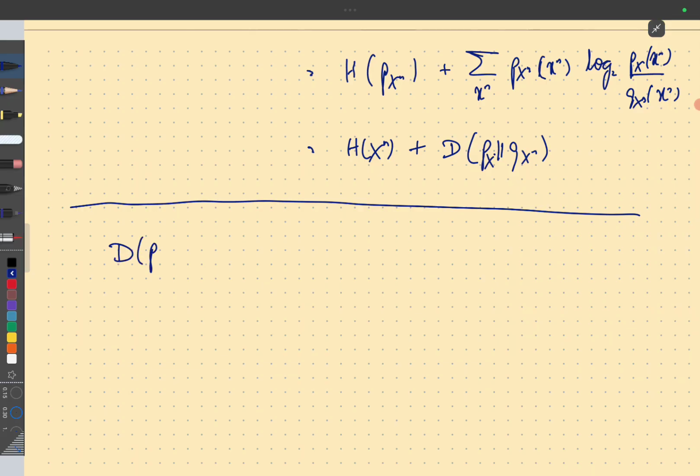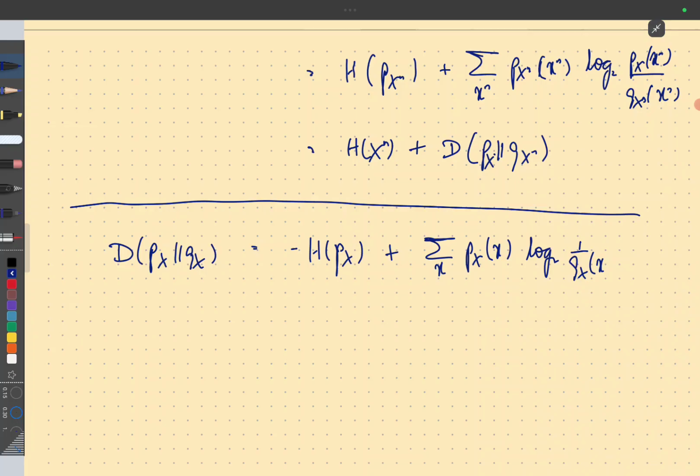So I have D(P||Q), which, as we just saw, is equal to the negative of the entropy of P, plus the summation over all x of P(x) log 1 by Q(x).